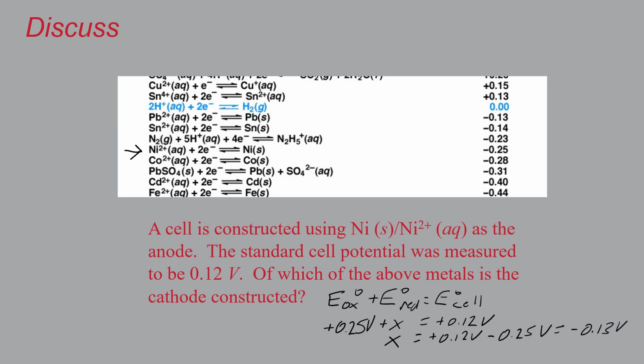Be careful with the signs here, and you look for something that hopefully matches. So that would tell us that the cathode is constructed of lead. All right, and that is standard cell potentials.